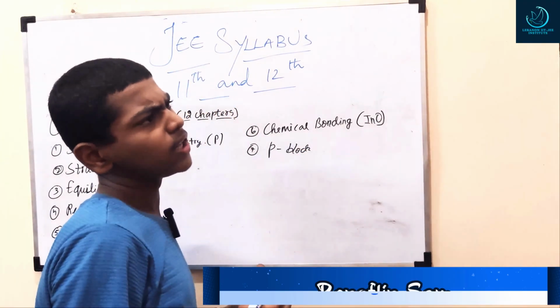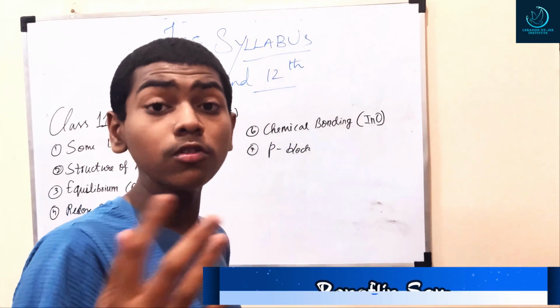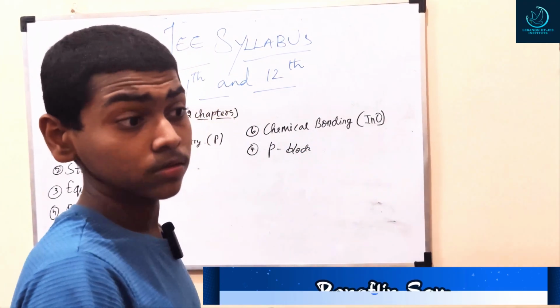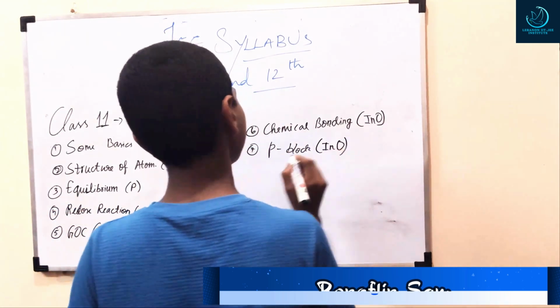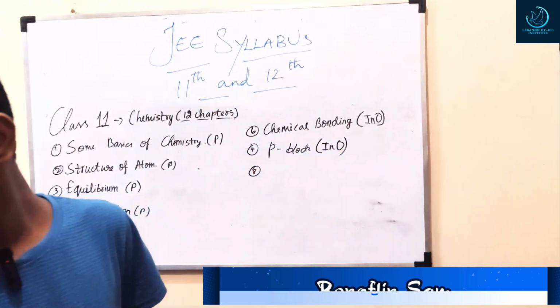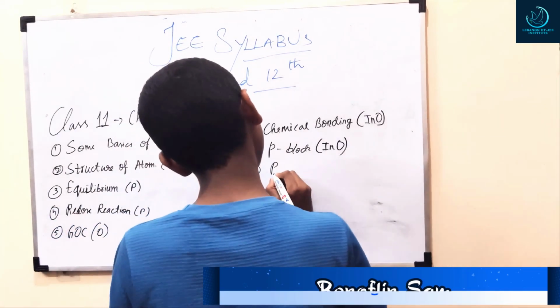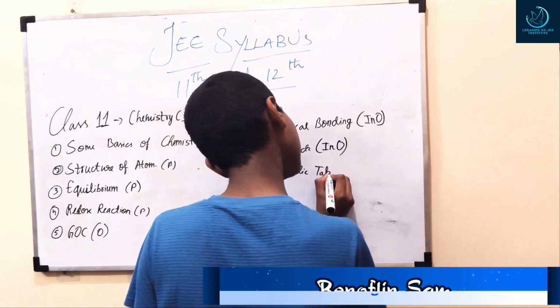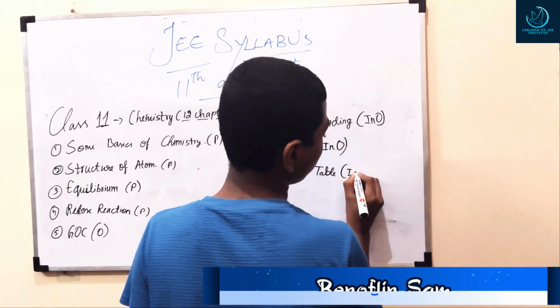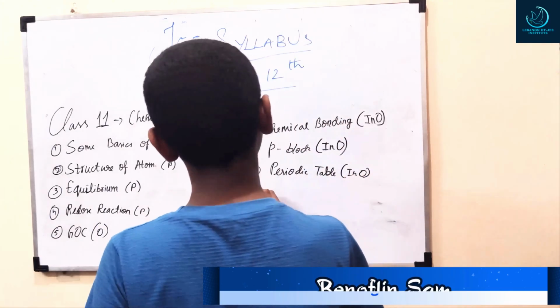P block will be in 11th and 12th, but for now 11th only. And again, this one is inorganic chemistry. Eighth one is periodic table. This also is inorganic chemistry.